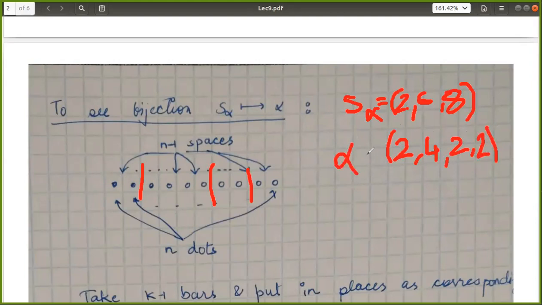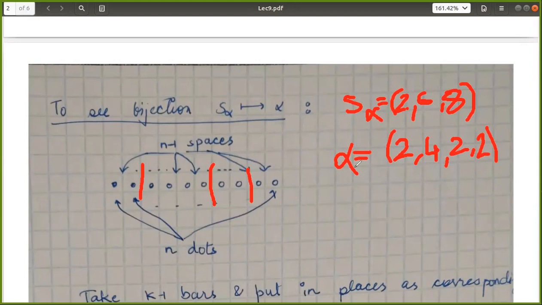This is my alpha, right? So from this, I know I have to put a bar after 2 balls, which is this, after 6 balls, which is this, and after 8 balls, which is this. And after these bars have been put, you just take the number of balls you keep on hitting and write your alpha. Okay, so from S alpha, I have recovered alpha.